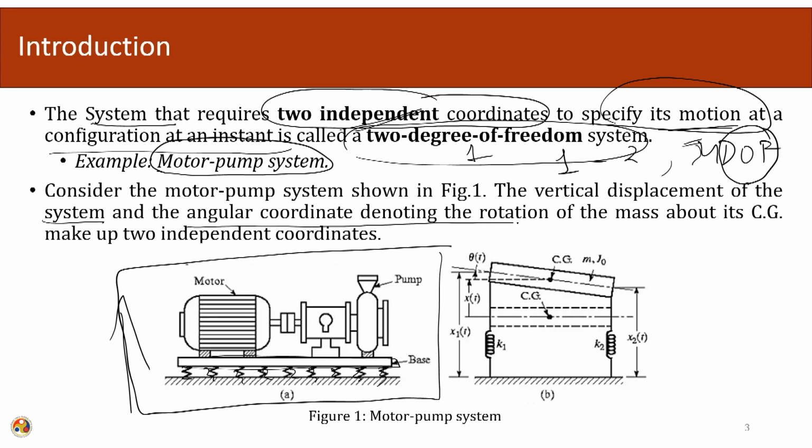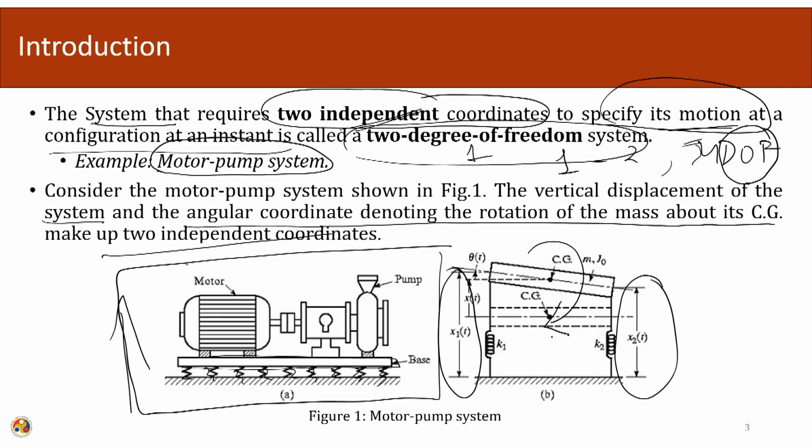angular coordinate denotes the rotation of the mass about its CG, making up two independent coordinates. So, what is the system able to do? The system is able to move in the vertical direction, and it is also able to rotate.